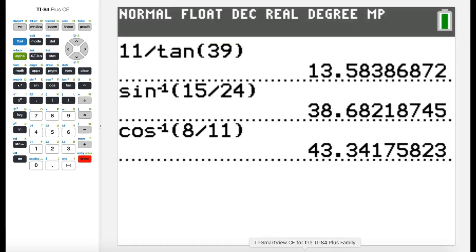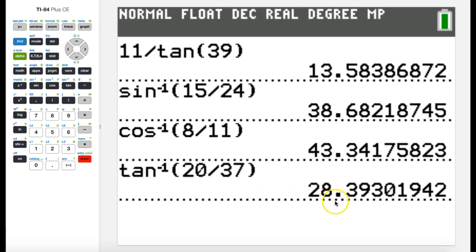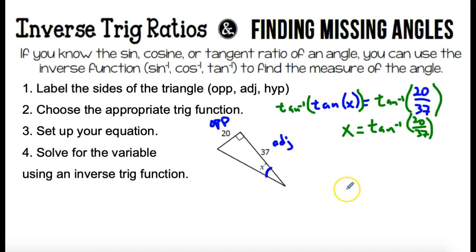So inverse tangent of 20 over 37 gets me 28 point, now since this is 5 or greater, this will round up to 28.4. So that angle, 28.4 degrees.